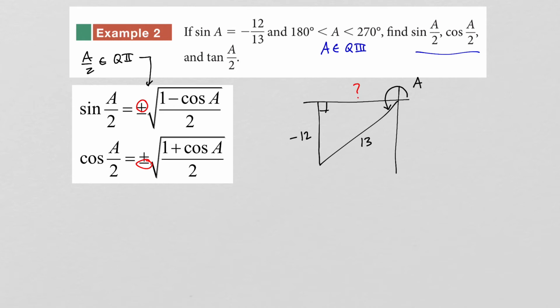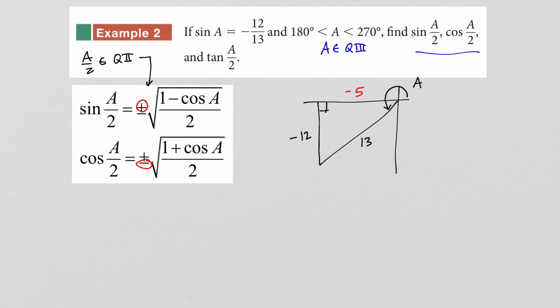Now again, this is the 5, 12, 13 right triangle. It's a special right triangle that we've seen often. So I will just fill in that the missing side here is 5, and it does need to be negative because we're in the third quadrant. But if you're confused about that, you can use the Pythagorean theorem to solve for this missing side.